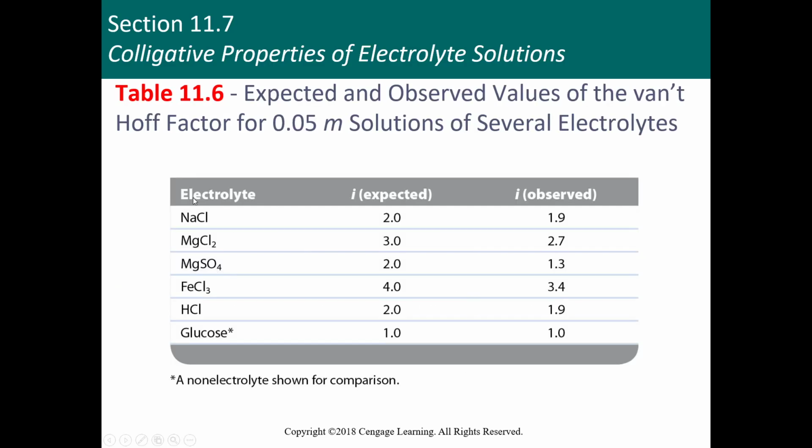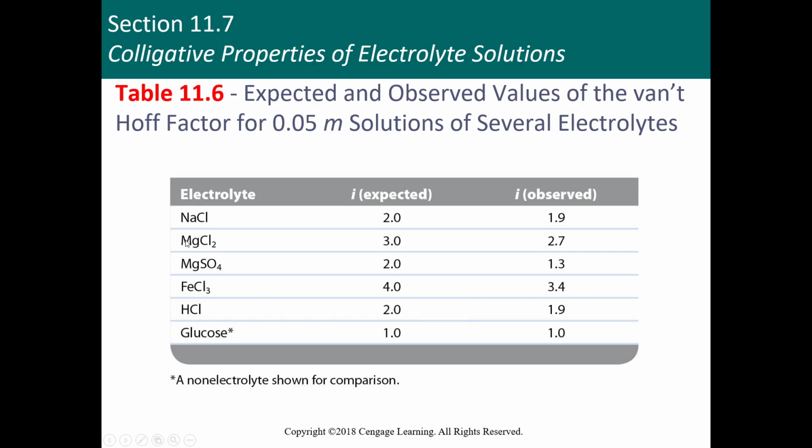So let's look at this. NaCl, you'd expect it to be very close to 2 particles. i is 2 for NaCl, and your observed is very close to 2. Cool. Very, very similar. You don't get a lot of difference from the expected. MgCl2. Now, your Mg has a 2+ charge.